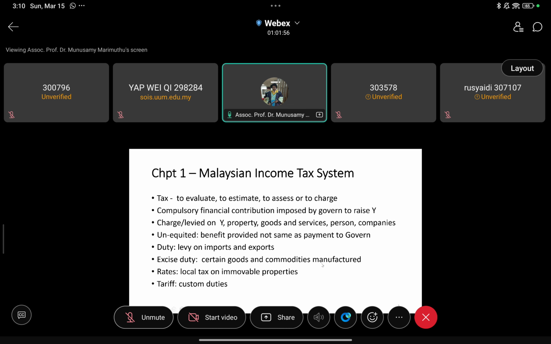Of course, the local council provides rubbish collection, drainage and so on, so assessment rates, cukai taksiran, cukai pintu, are also a tax. When you buy a car, there will be some customs duties. But for your exam purpose, we don't touch much on the Royal Malaysian Customs. These duties, stamp duty, excise duty, local rates, tariffs are meant for companies. This will be touched more on Tax 2.